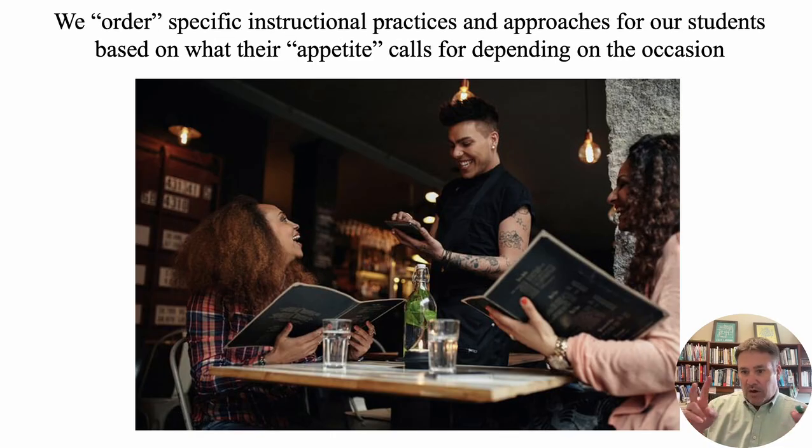And what I mean is we're going to order specific instructional practices and approaches for our kids with disabilities based on what their appetite calls for, which will depend upon the situation. The situation being what age, grade, unique needs of that child call for. Okay? So this is what I return to throughout this session as sort of an anchor to keep it real.